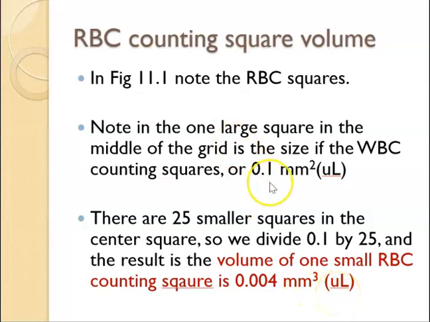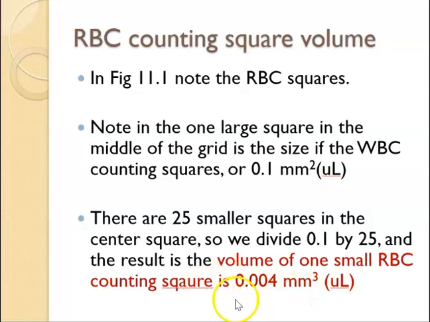Remember, we got the volume of just one of those 9 squares is 0.1, and that's what we're dividing by 25 because there's 25 of the small squares within one of those large squares. So that gives us the volume of our red blood cell counting square, which is 0.04 millimeters cubed.